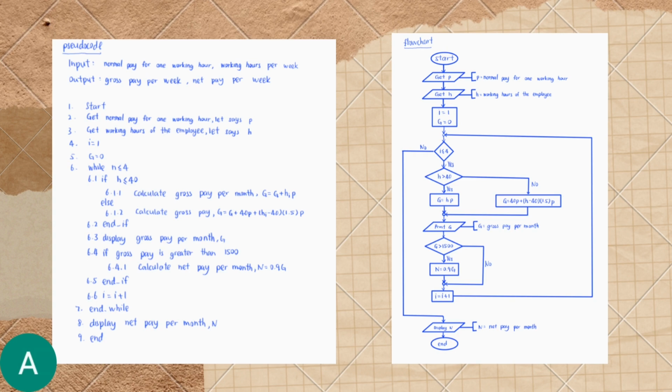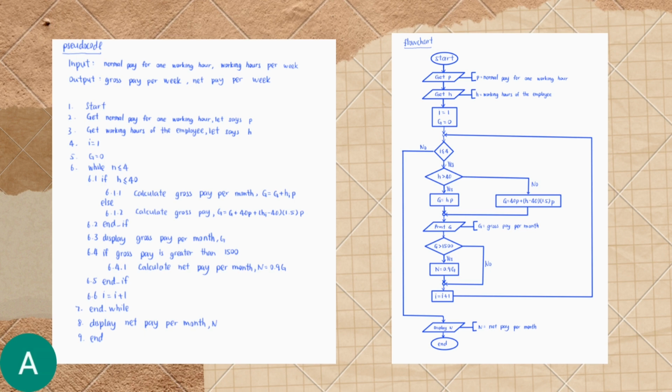Now, step number 6 is the while loop, which is under a condition of n is less than or equal to 4. We will have an if condition, which is if h is equal or less than 40, calculate gross pay per month using g equals g plus h multiplied by p.